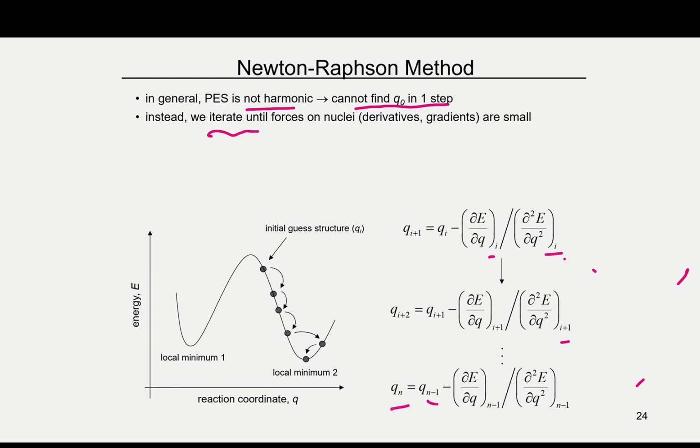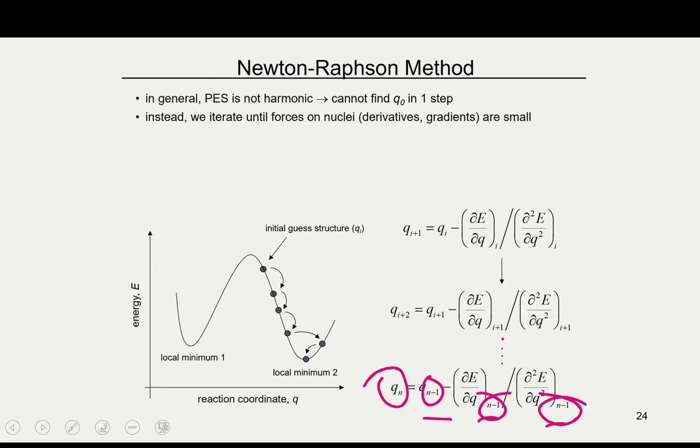For a system which is not harmonic, you will get different equations, and the equation is Qn is equal to Qn minus 1 minus, and you should remember this minus sign, the first derivative at n minus 1 divided by the second derivative at n minus 1. It means there is only n in here, and the rest all contain n minus 1. If you remember this one, this will become easy for you.